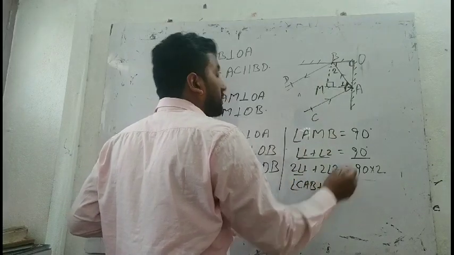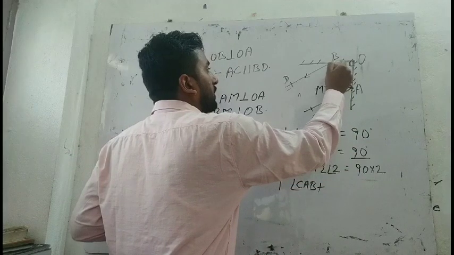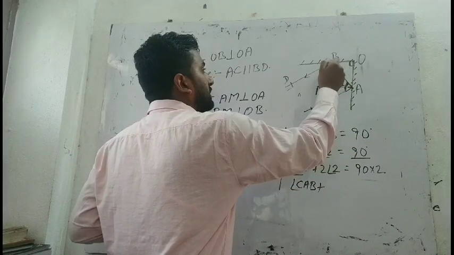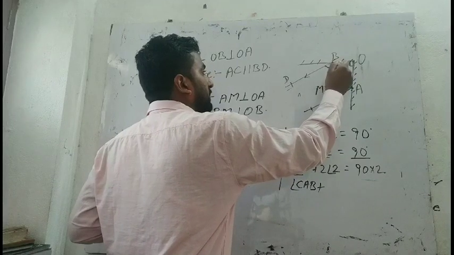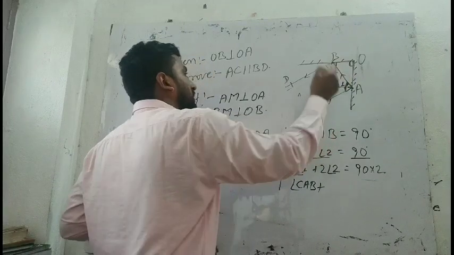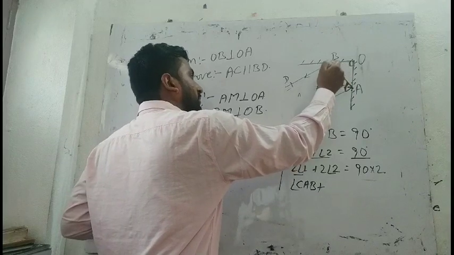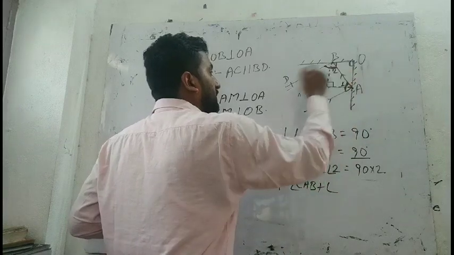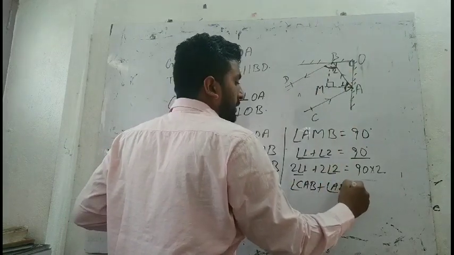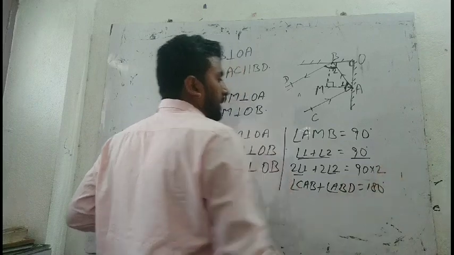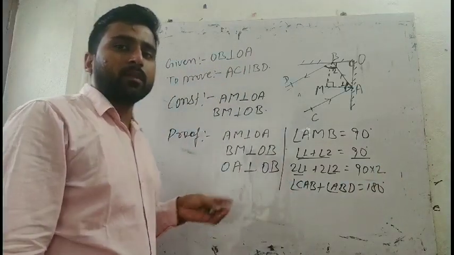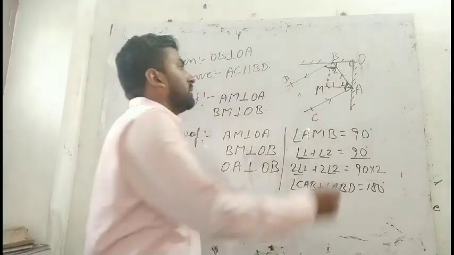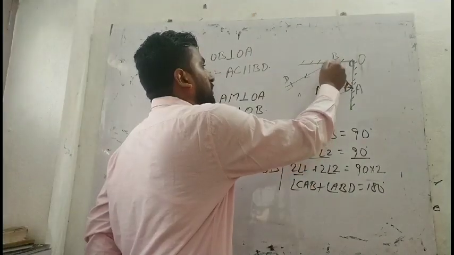So twice angle 1 we can write as angle CAB, plus twice angle 2, since this is the angle of incidence and this is the angle of reflection, we can write as the whole angle ABD. So angle CAB plus angle ABD is equal to 180 degrees, and the sum of co-interior angles is 180 degrees.